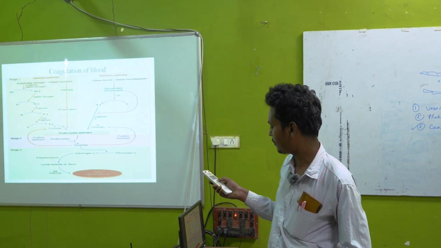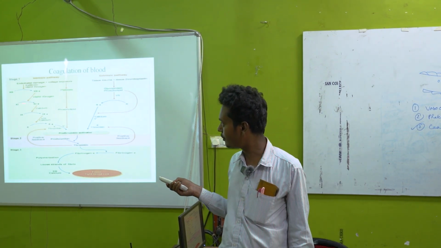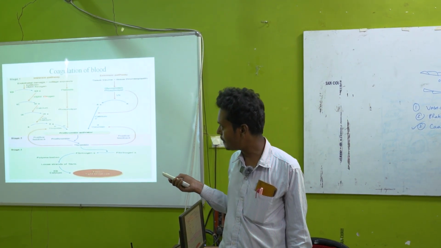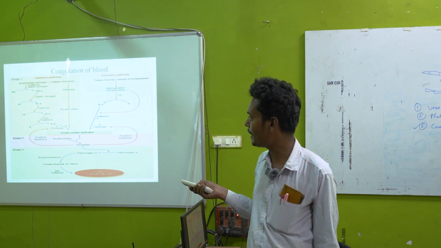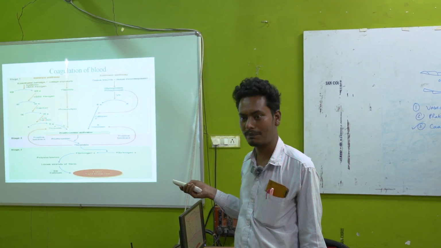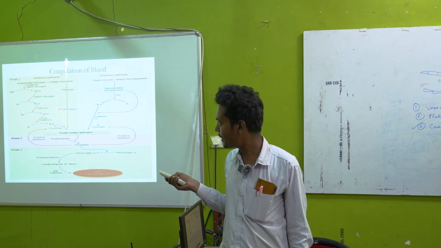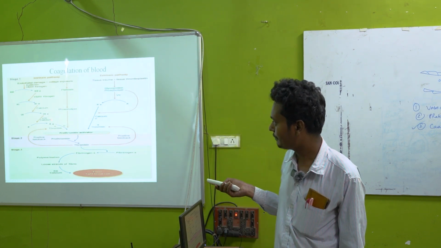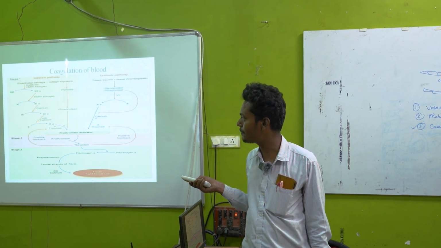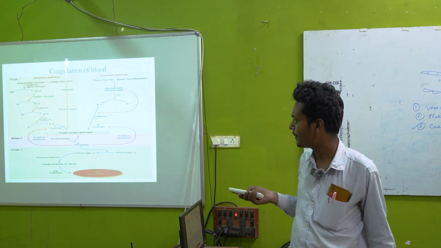The activated factor 12 activates factor 11, and the activated factor 11 will activate factor 9 with the help of calcium ion. Then activated factor 9 will activate factor 10 with the help of calcium ion and factor 8.